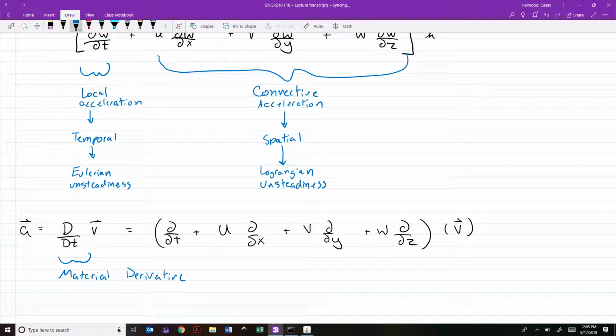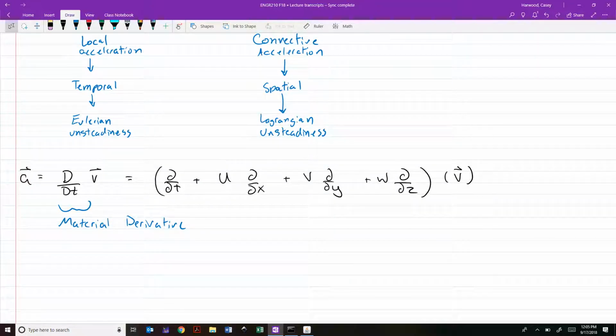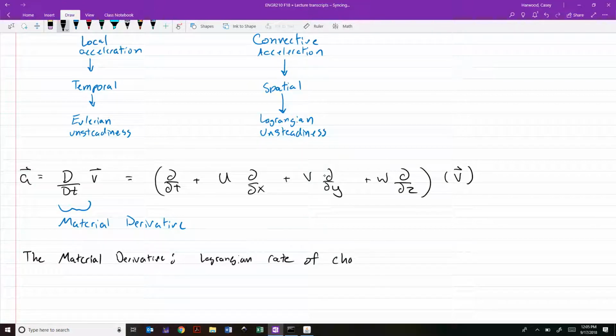So D/Dt, the big D dt, is our way of expressing the material derivative, a way of writing the Lagrangian rate of change of a variable. And it applies to more than just the velocity.